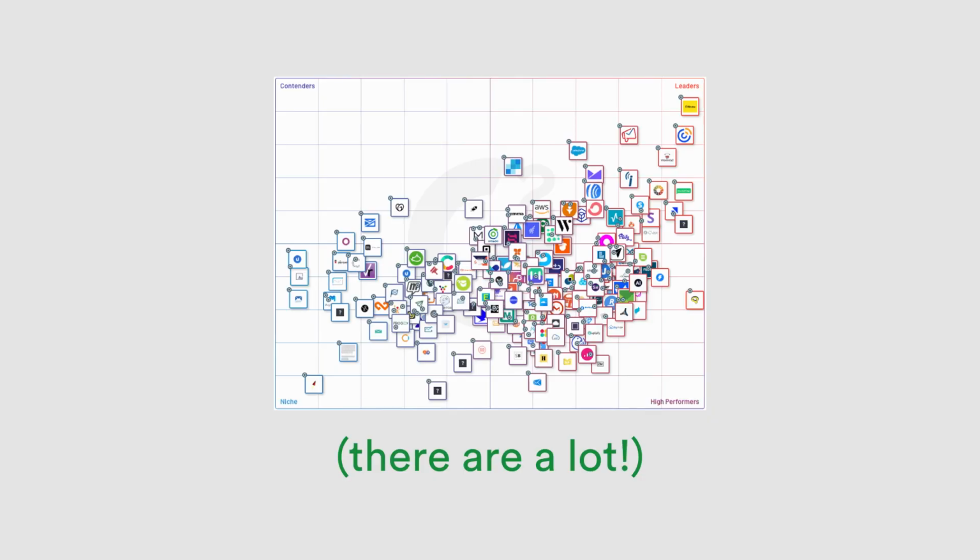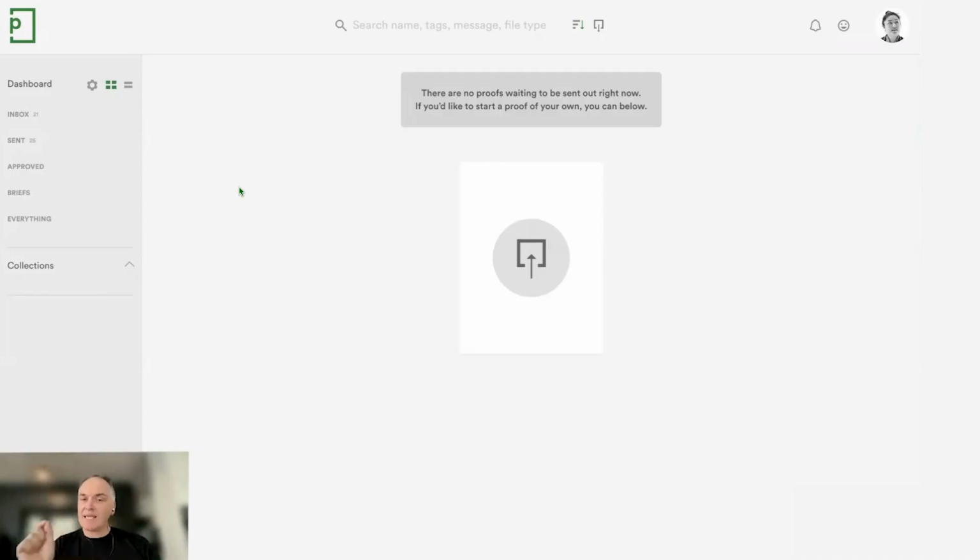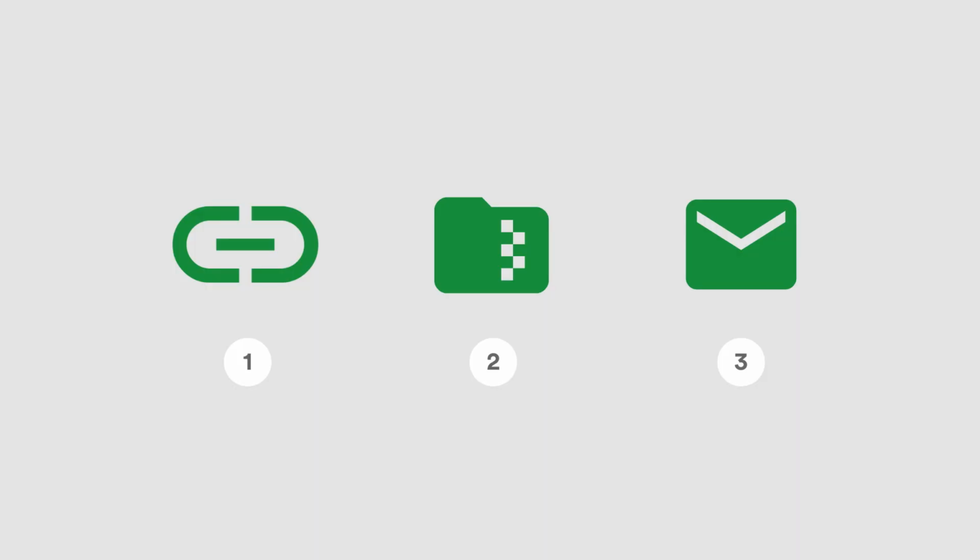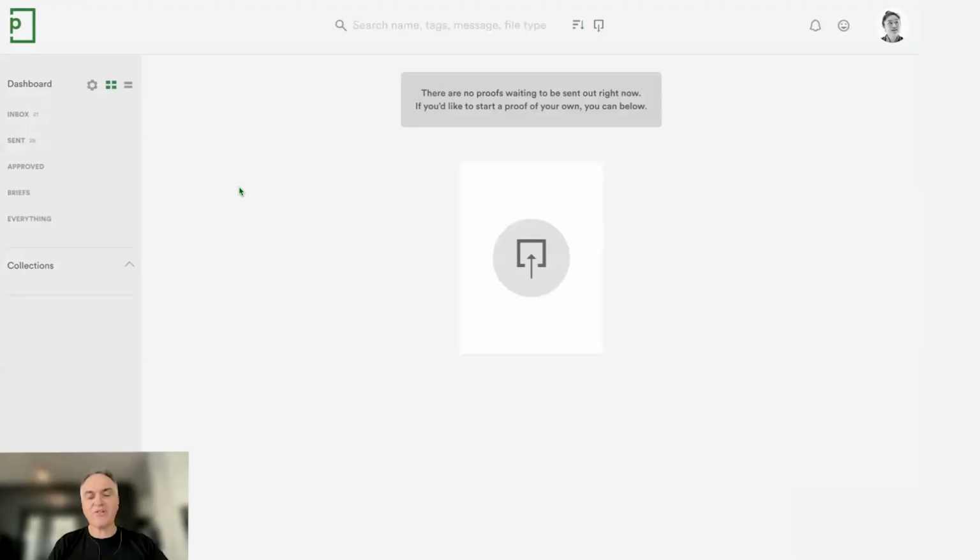As long as the system can send a test email, then you can proof it in PageProof. So we'll go through that as well. So there we have it. 3 ways, just recapping, 3 ways of doing HTML proofing: URL, zip file, email. So let's get straight into looking at how you load these in.